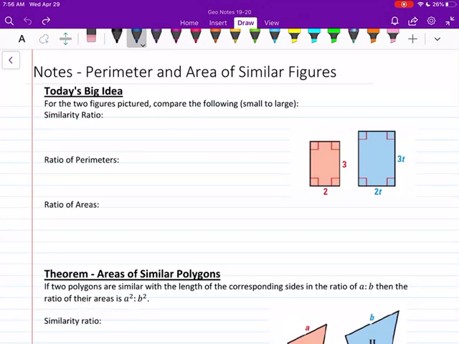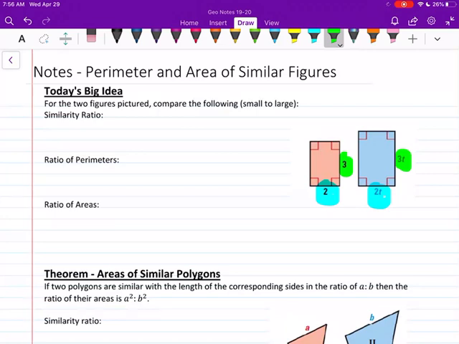So remember our similarity ratio. Our similarity ratio is what number I multiply by to get from one figure to the other of corresponding sides. So let's identify our corresponding sides. Our short sides are 2 and 2t, and our longer sides are 3 and 3t.